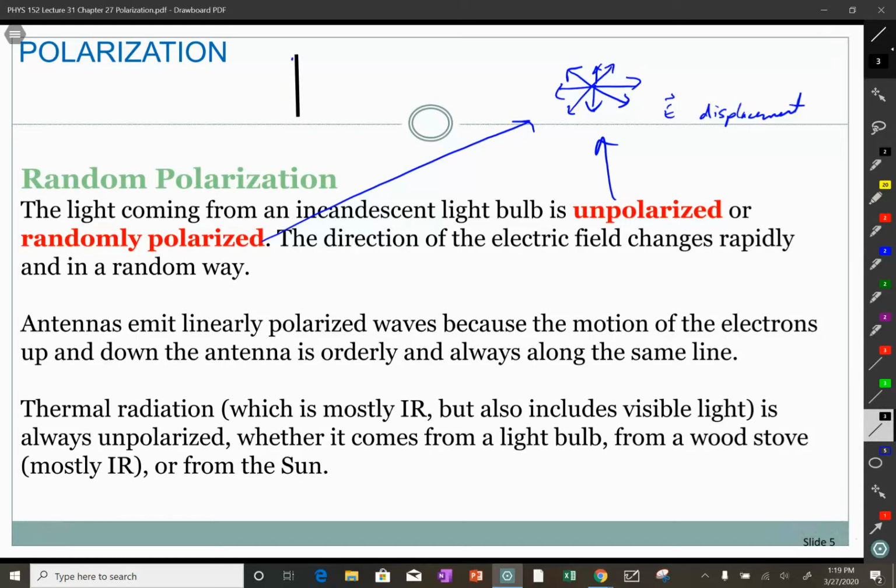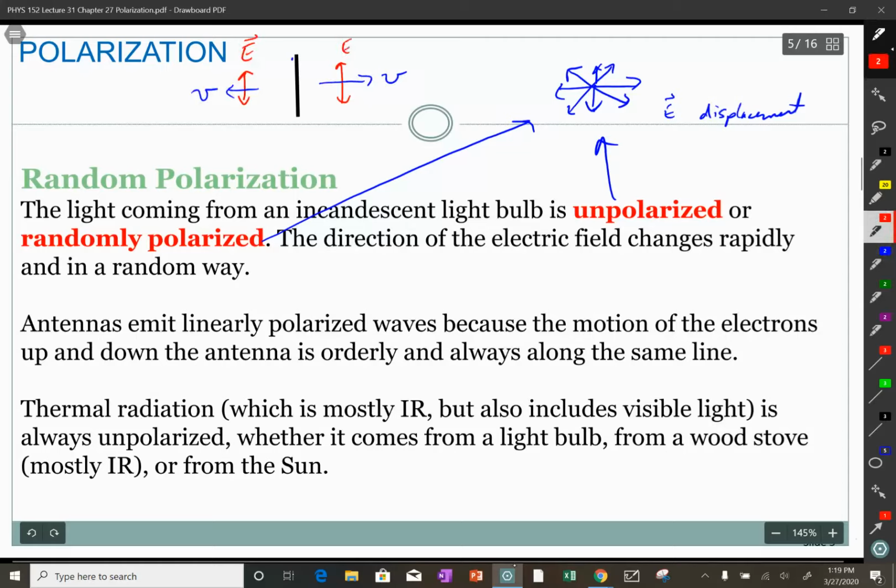For horizontal waves, it's going to put off electric fields that are oriented like this. So that would give you a vertically polarized light.